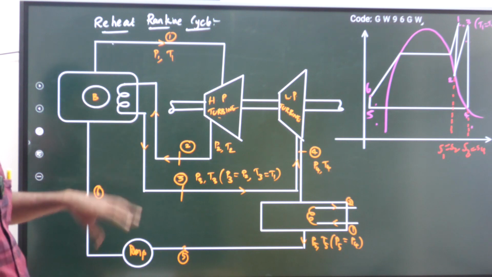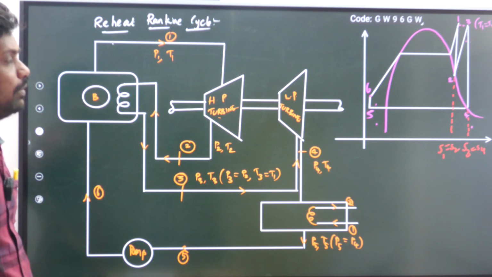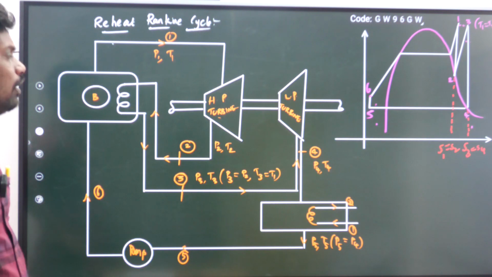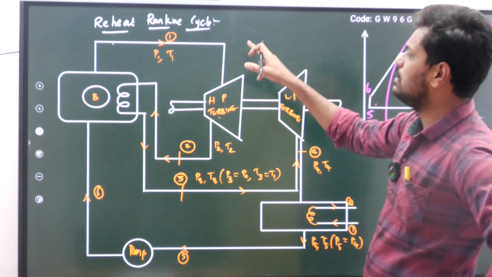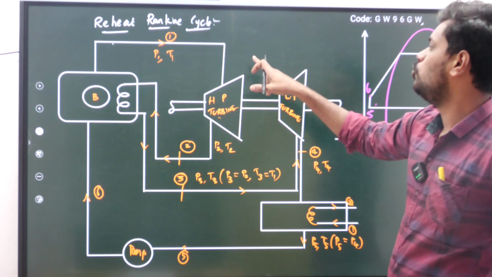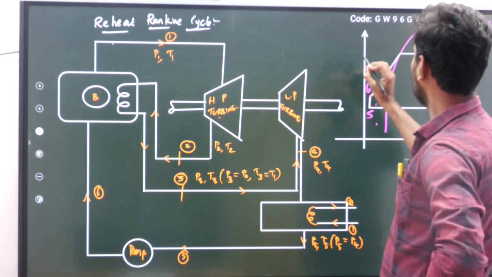But you understand how the reheat Rankine cycle is working and how the TS diagram looks. And I told you one thing before I started discussing: why this reheat Rankine cycle is introduced is to increase the efficiency of the Rankine cycle. How is it increased?